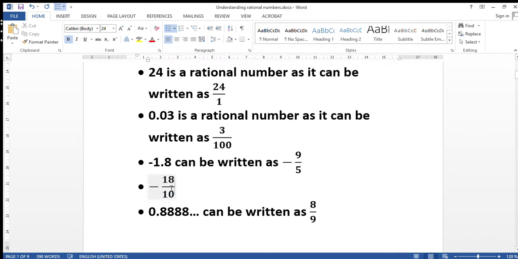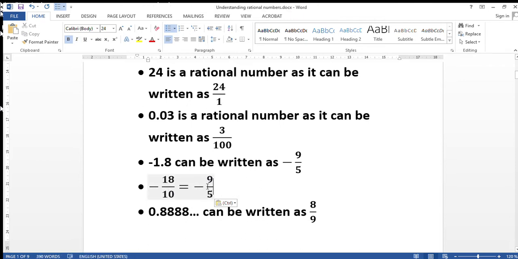Next, from this we can simplify or reduce to the lowest term. Don't worry about reducing to lowest terms, I will explain it later. From this part, let's just say dividing both by 2. So 18 divided by 2 is 9, and 10 divided by 2 is equal to 5.